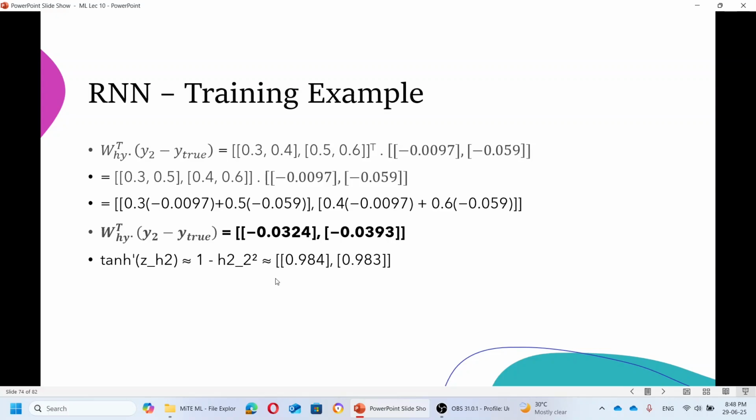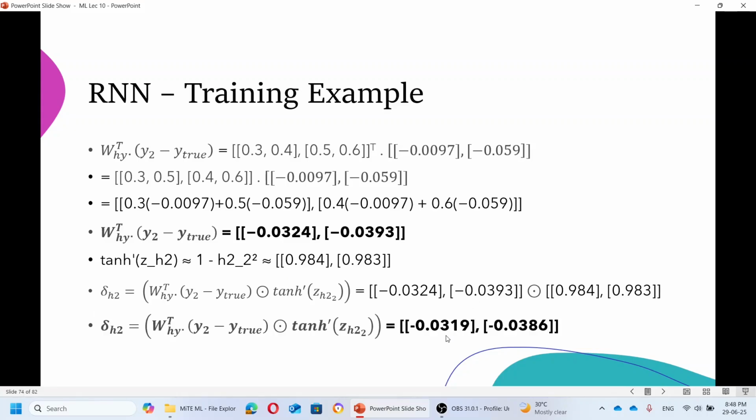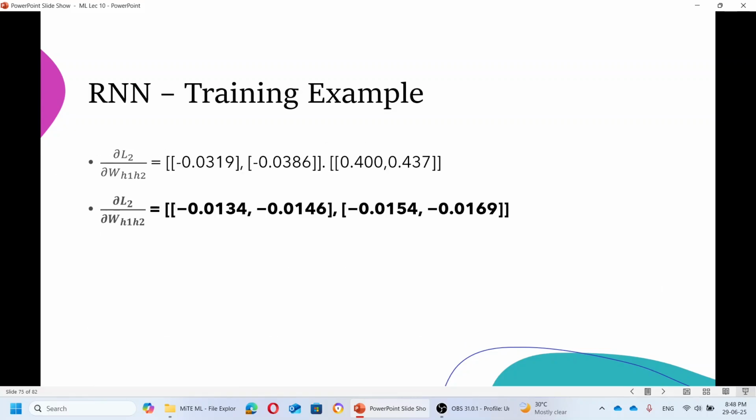So now we call this whole computation delta h2, and we got the value minus 0.0319 and minus 0.0386. Finally we simply multiply this value with the h value shown before, and we get the gradient at layer 2.